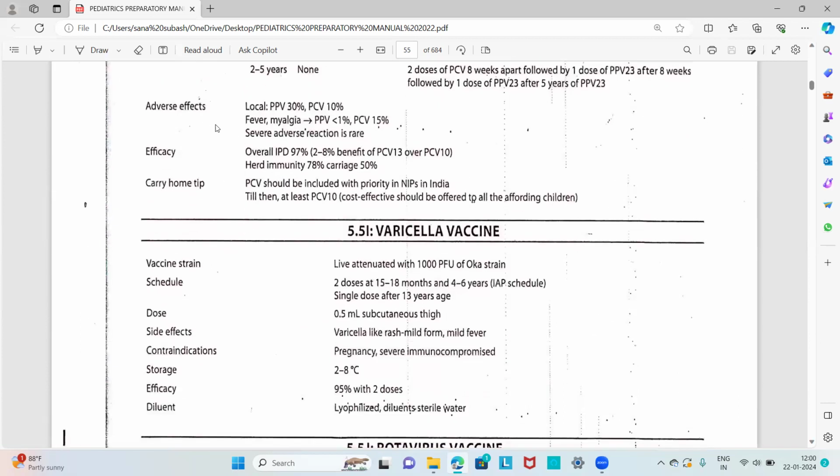Then the local adverse effects of the pneumococcal vaccines are fever and myalgia, and severe adverse reactions are very rare in the case of the pneumococcal vaccine.